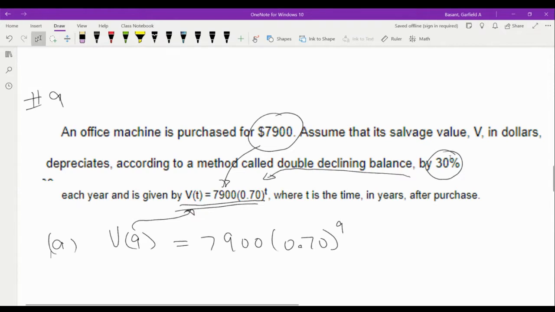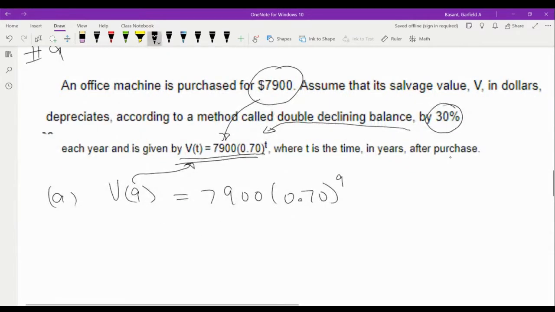Do we solve? Yeah, we need to find the actual value. So what is the value for this? It's a dollar amount, right? So what do you guys get when you plug that into the calculator? $318. Whoa.